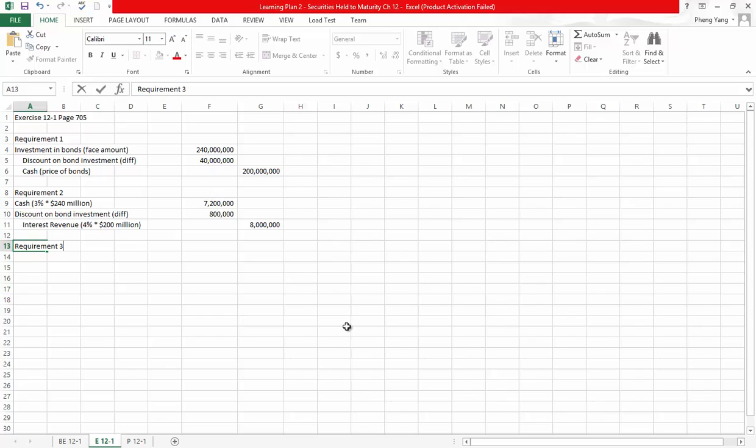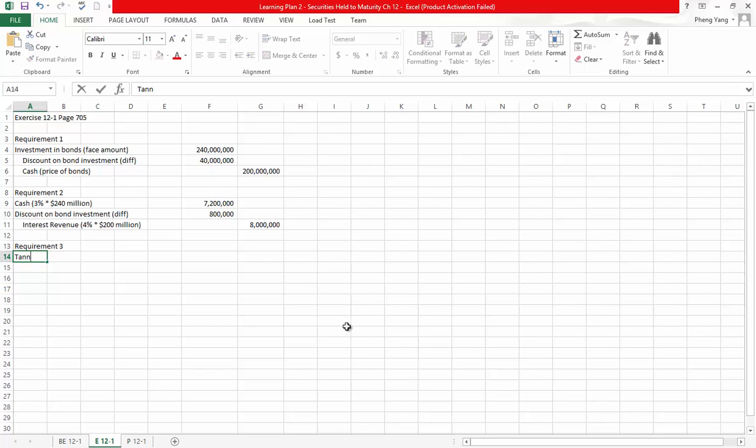Requirement 3. At what amount will Tanner UNF report its investment in the December 31st, 2013 balance sheet, and why? Okay. I'm going to be typing what I'm writing down so that you can see what I'm saying and you can use it for later on.